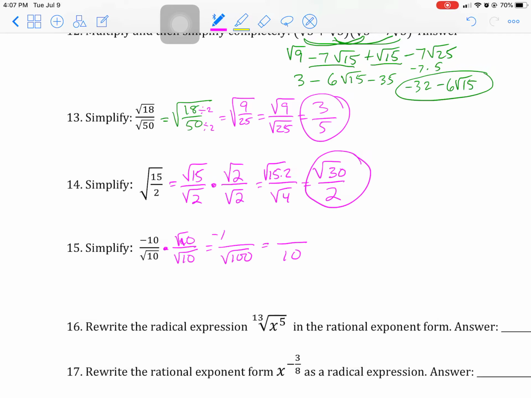This is going to give you negative 10 times the square root of 10. Let me write that over here. That's a 1. All right, 10, switch colors here. I can reduce that outside the radicand, the radical. So this is going to be negative square root of 10 is my final answer. Okay.